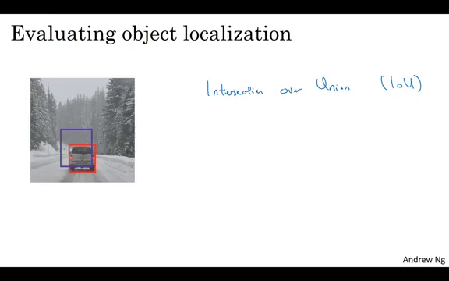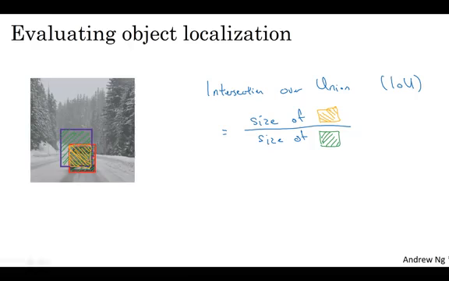The union of these two bounding boxes is the area contained in either bounding box, whereas the intersection is this smaller region here. So the IOU computes the size of the intersection, that orange shaded area, and divides by the size of the union, which is that green shaded area.